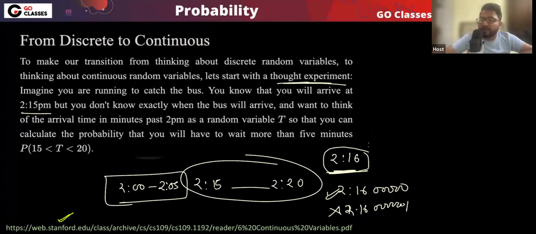Are you really very interested to know whether the bus is not getting late or arriving early, even by a microsecond or a nanosecond? No, right? So basically you can't actually measure to that much precision. That is why we are not very interested in the bus arriving exactly at 2:16.